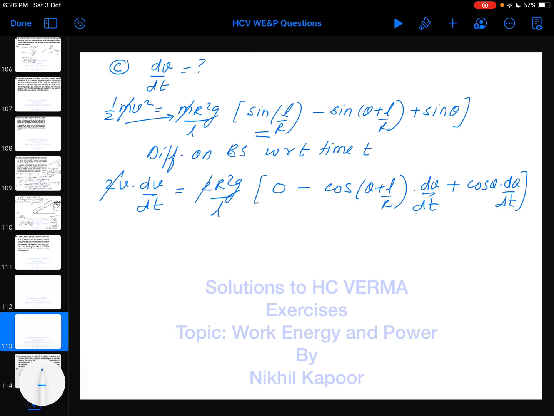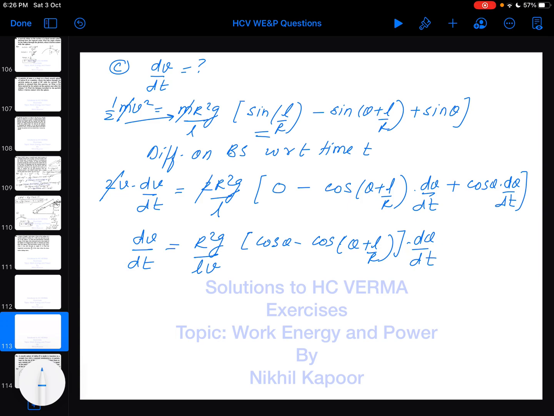So this 2 and this 2 will get cancelled out. So dv by dt equals r square g by lv in bracket cos theta minus cos in bracket theta plus L by R, in bracket, d theta by dt, where this d theta by dt is nothing but the angular speed.